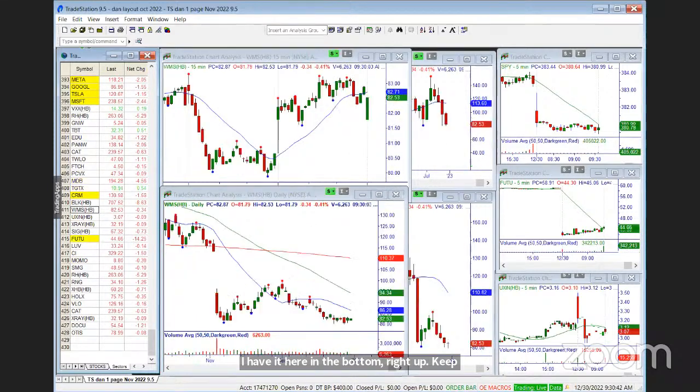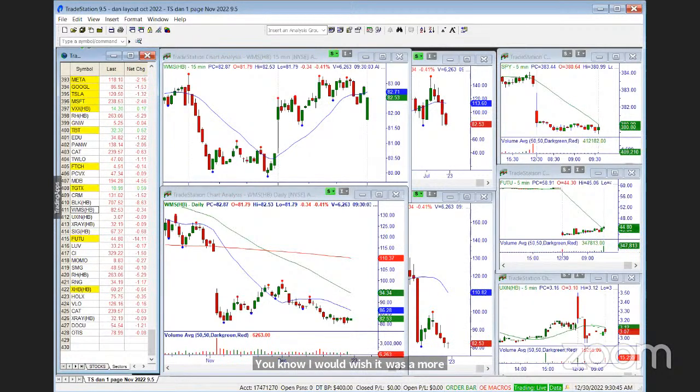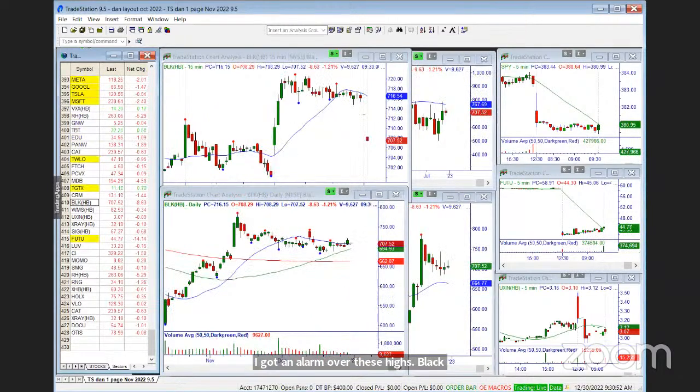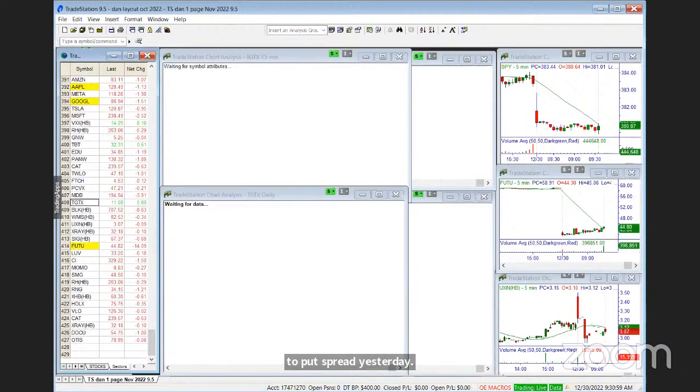On WMS, you know, I wish it was a more potent reversal. I got an alarm over these highs. BlackRock, we shorted a put spread yesterday. Cream, deeper retracement, but over yesterday's high.